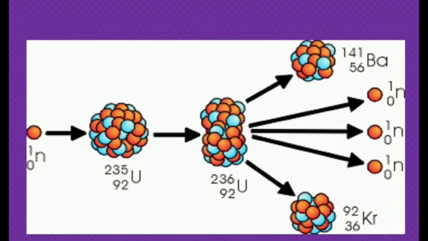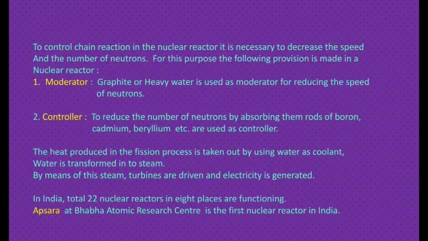The chain reaction is kept under control to prevent the probable explosion. To control the chain reaction in the nuclear reactor, it is necessary to decrease the speed and the number of neutrons. For this purpose, the following provision is made in a nuclear reactor. First one is moderator.